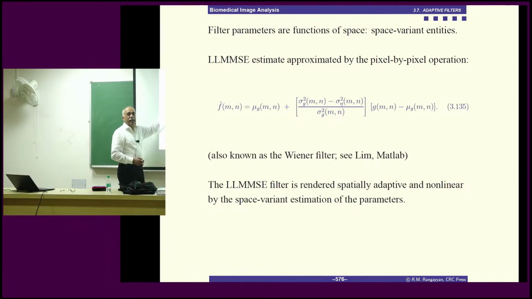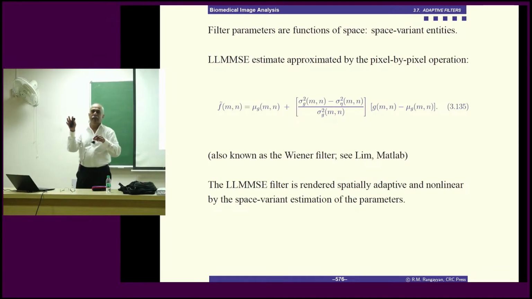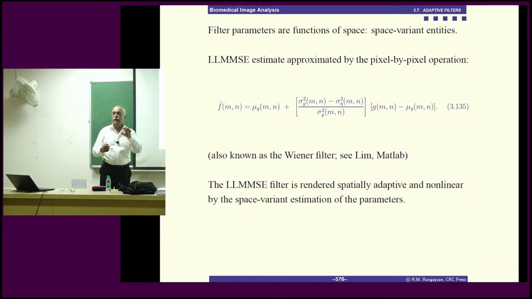So that is how it is adaptive. It takes a combination of a low-pass filtered version and a high-pass filtered version of the given noisy image and gives you something with enhancement with noise control. So where you have sharp edges, it will try to preserve the edges. Where there are no sharp edges and only noise, it will suppress noise.